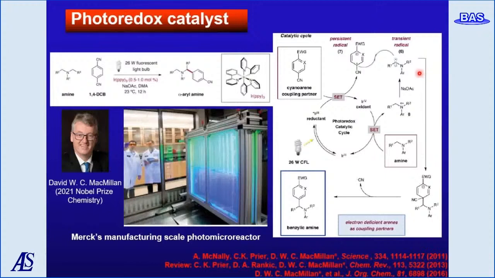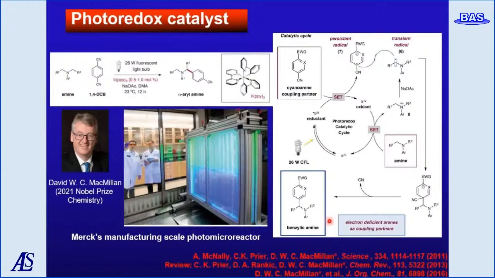The radical coupling between the long-lived persistent cyanobenzene radical anion 7 and the transient alpha-amino radical 6, followed by elimination of cyanide, produces the benzylic amine product in a highly efficient manner. This general protocol is applicable to a wide range of organic substrates, in particular pharmaceutically relevant compounds that are typically difficult to produce by conventional coupling techniques.